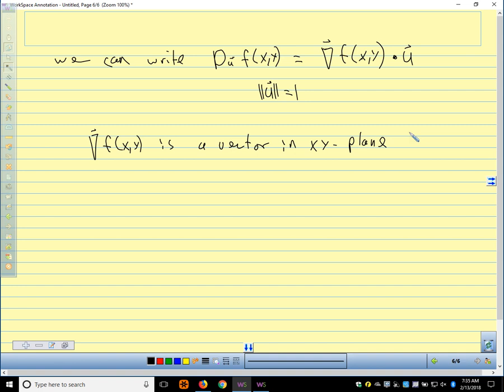So del f is essentially kind of like a compass direction. It's a vector in the xy plane. Well, we will work with it in 3 dimensions, but if we have a 2-variable function, the vector that we end up with is in the plane, not in space. If we had a 3-variable function, it would be a vector in space. And we will use the del of x, y, z in certain circumstances; it turns out to be a very special vector.